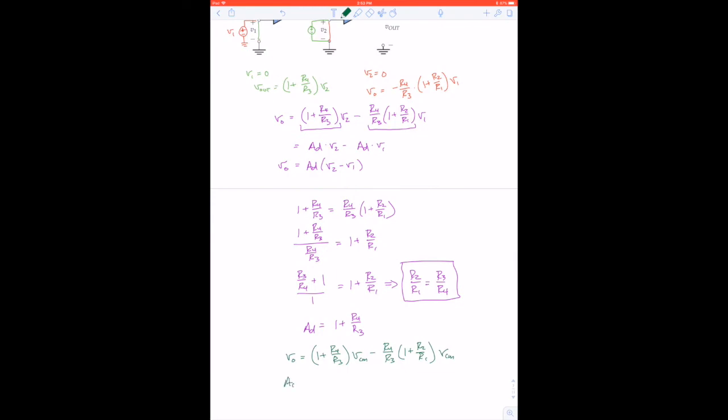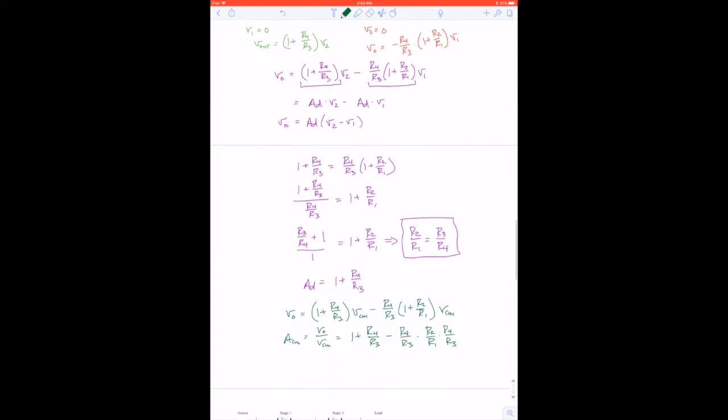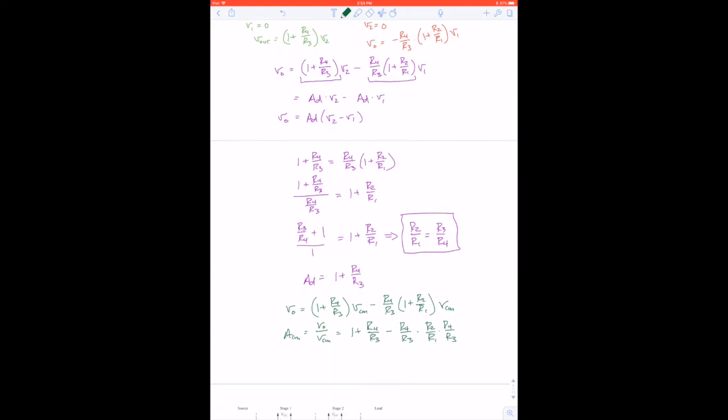And so the common mode gain is just V out over V common mode, and it is 1 plus R4 over R3 minus R4 over R3 times 1 plus R2 over R1. Given the ratios, R2 over R1 equals R3 over R4, so those two cancel out, and it's just 1 plus R4 over R3 minus R4 over R3 times R2 over R1 times R4 over R3.